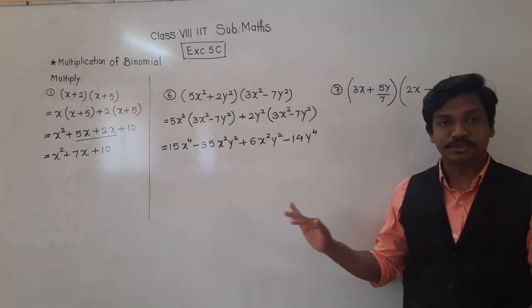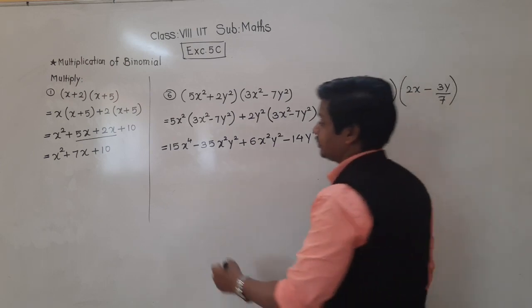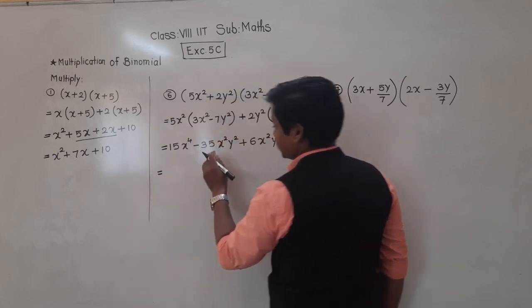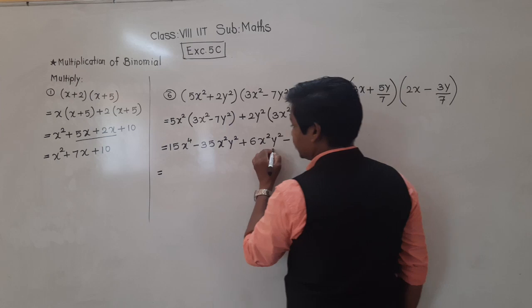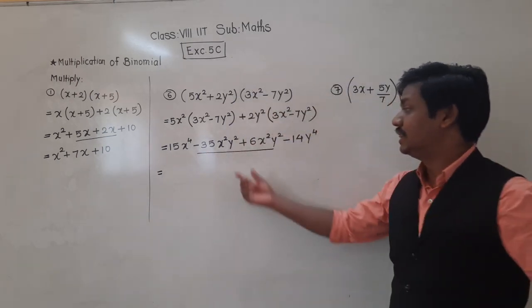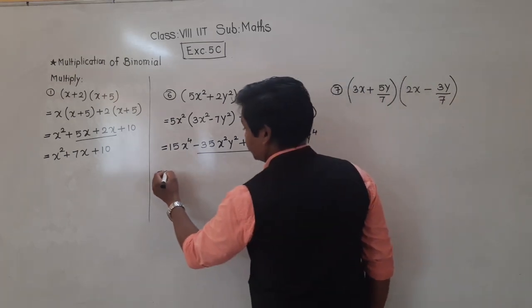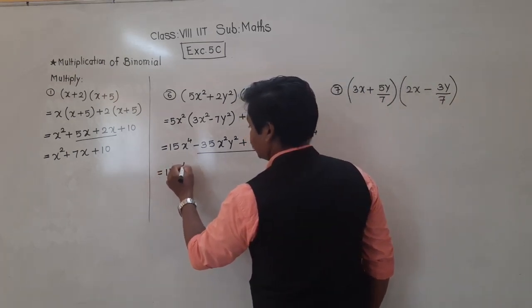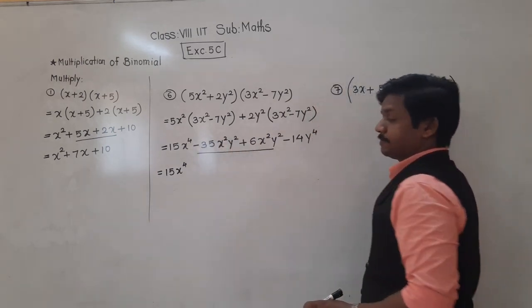Okay, distribution is over. Now if there are like terms, you can do the operation over them. Here, see, minus 35x square y square plus 6x square y square. These are like terms because their literal coefficients are the same, x square y square. So 15x raised to 4 take as it is. Now minus 35 plus 6.